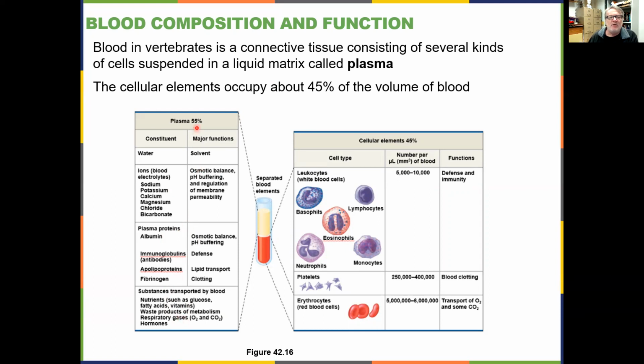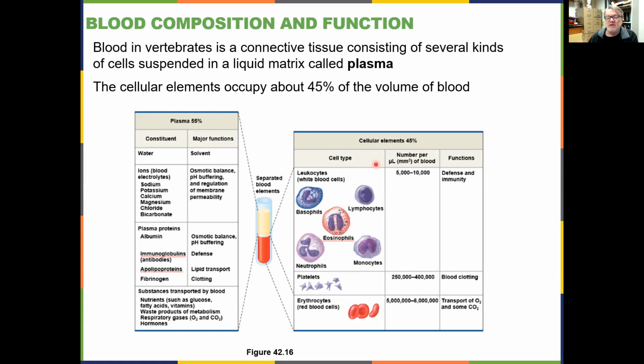All of that would be the constituents of plasma, because these are ions, proteins, and other molecules that are not living cells. But the remaining 45% of blood is made up of living cells.